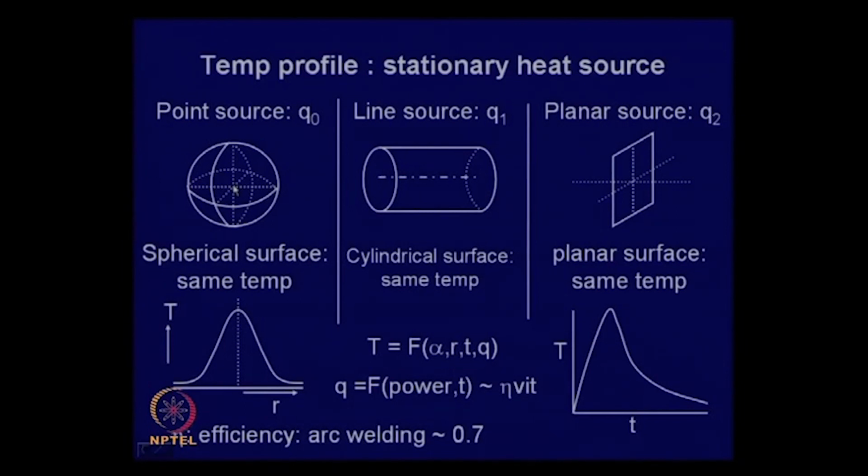Suppose we have a point source, a hypothetical case. Within a solid, at a certain point, we suddenly heat it to a very high temperature. Never mind what the method of heating is. In that case the heat will flow by conduction in all possible directions, and we assume conductivity does not depend on direction, so the thermal diffusivity is the same in all directions.